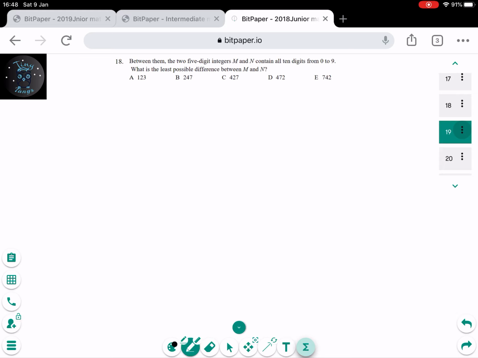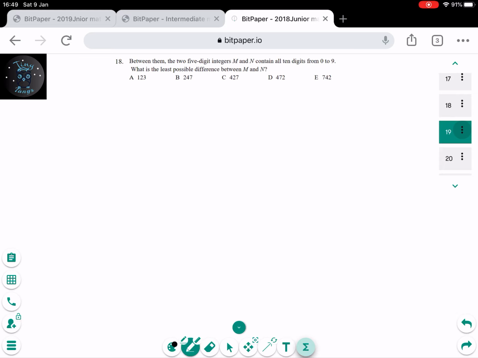For this one, you need one to be the biggest, and you also need the other one to be the smallest. So the smallest minus the biggest. But the first digit needs to be one bigger than the other.